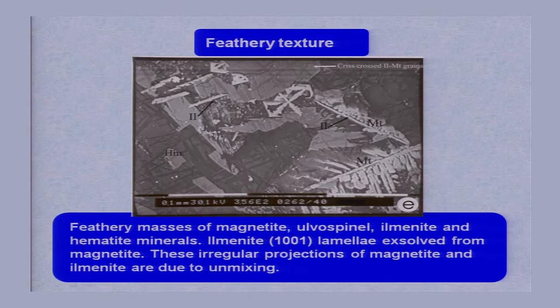If you find this kind of feature in any unknown rock, you can easily predict that unmixing of two minerals, ilmenite and magnetite, has taken place at the time of cooling of the rock. So, this is a very interesting texture, which gives an idea about the processes.